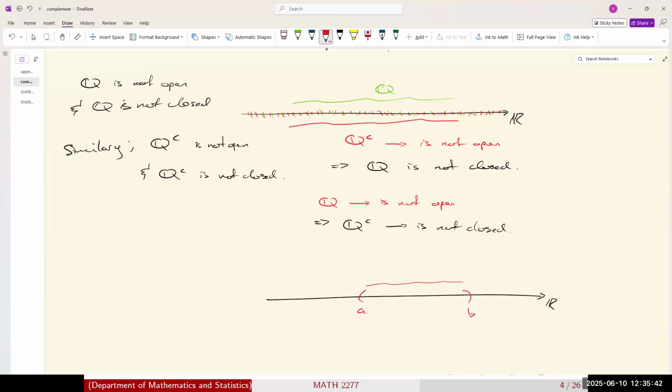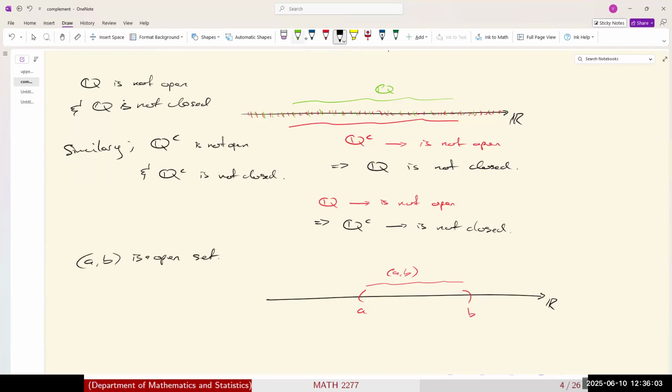So I want to know now, is this set also a closed set?